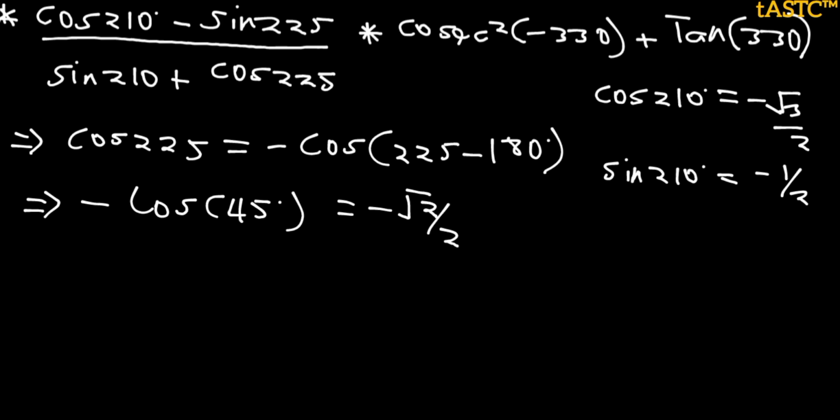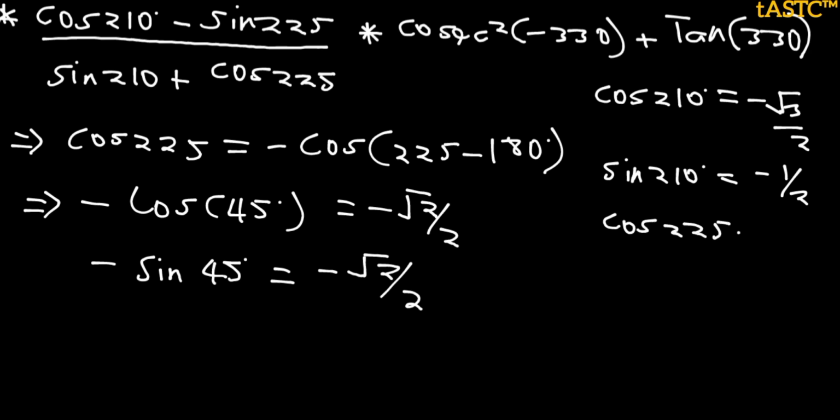Now you need to know that cos 45 is actually the same as sine 45 from the complementary angles. Now just as for sine 210, for sine 225, there is also going to be a negative. So this is also going to give us a negative root 2 divided by 2. And that is what you got. So we're going to have cos 225 here.